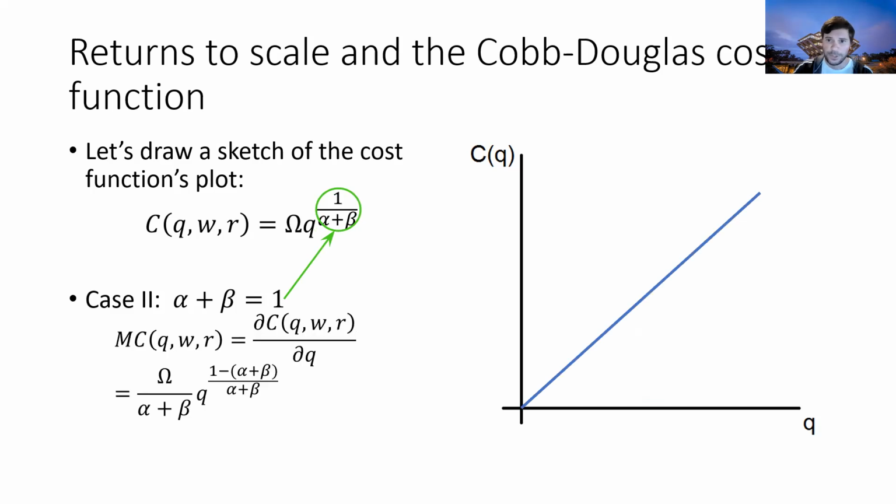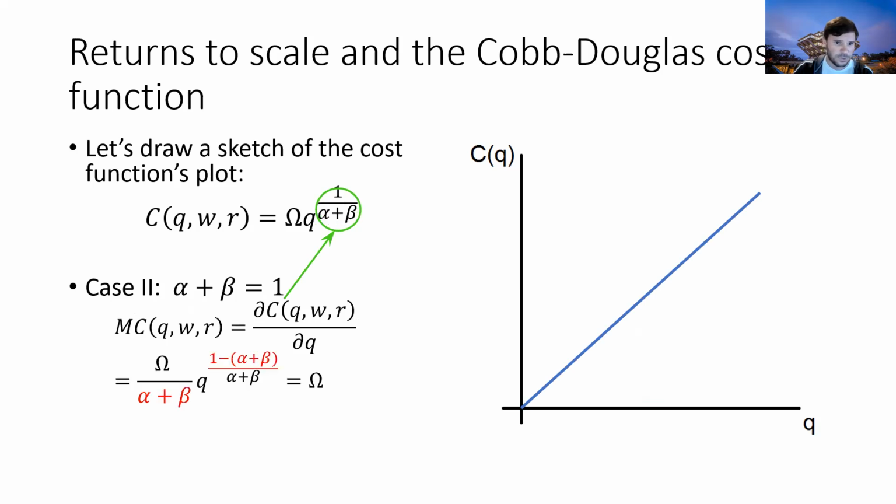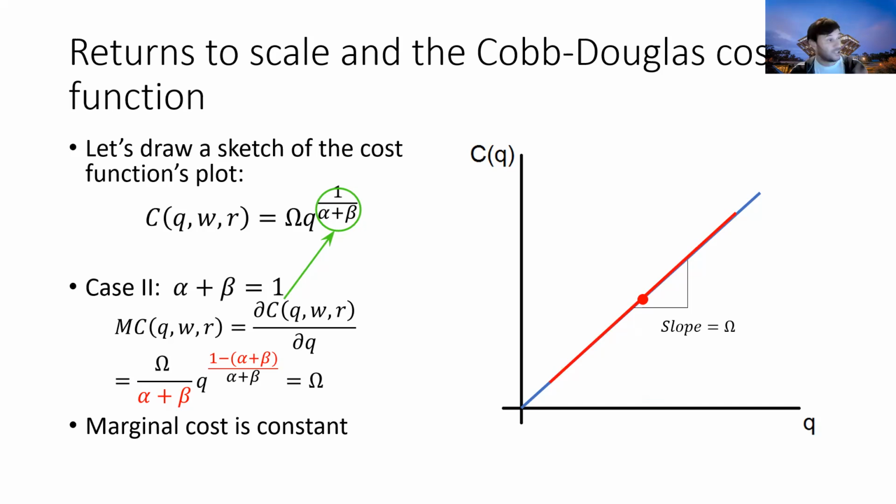Again, if we compute the marginal cost when alpha plus beta equals 1, the marginal cost just breaks down to omega, and that's going to be the slope. So the marginal cost is constant no matter what level of output we produce if we have a technology that satisfies constant returns to scale. We get this flat marginal cost function corresponding to a linear total cost function.